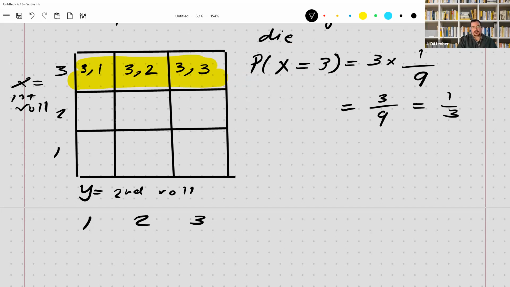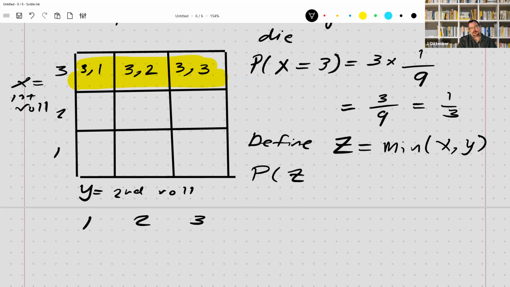Let's define Z to be equal to the minimum of X and Y. What's the probability that Z is equal to 3? So if I roll the dice, what's the probability that the smallest value of X and Y will be 3? Let's just fill in some more of these.